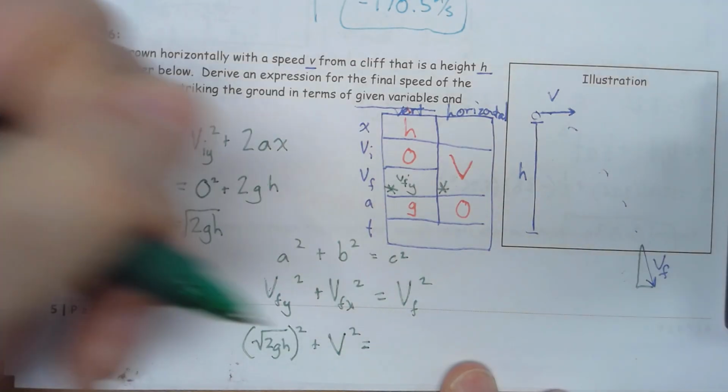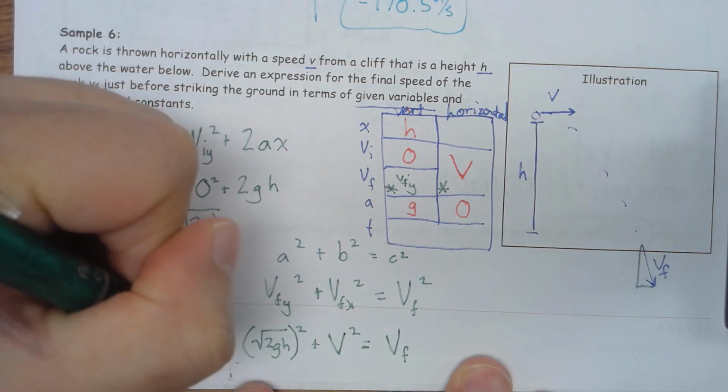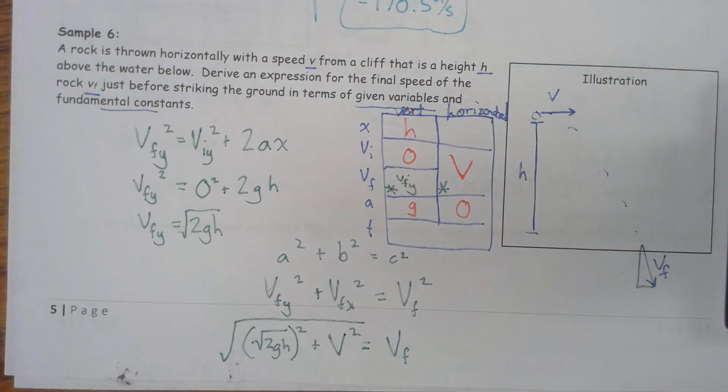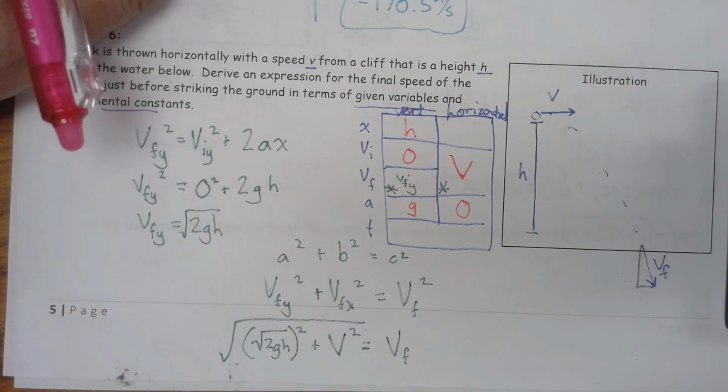Equals VF squared. But then I'm going to move that to the square root of this side. That's my answer. Now, you don't necessarily need to do this on the AP test. This is a final answer that your math teacher would hate, but is not wrong. I don't know if they'd hate it. They'd just disapprovingly look at it, right?